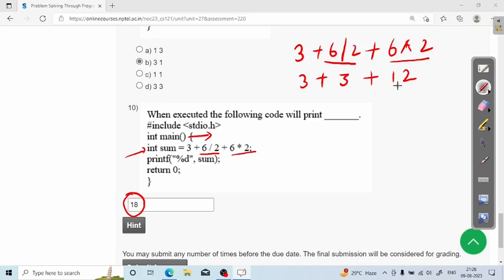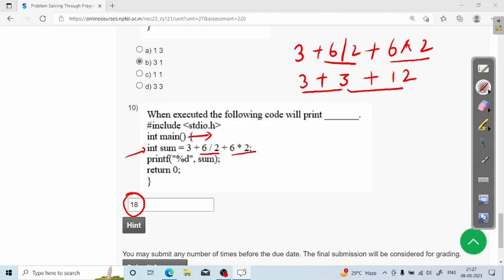Next, we have plus operators, and as it is the same operator, we again look at the operator precedence. Keep in mind, guys, when two operators have the same precedence, we always look for the associativity rule so that we can decide which will be executed first.